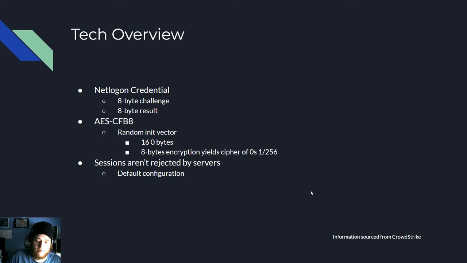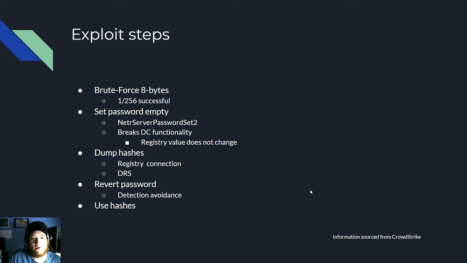And so that's why when we're doing that exploit, our first step here is brute forcing that 8-byte cipher, right? So we can guarantee that on an unpatched system, it's going to work 1 in 256 times. So if we just attempt that 256 times, it's going to work every single time.